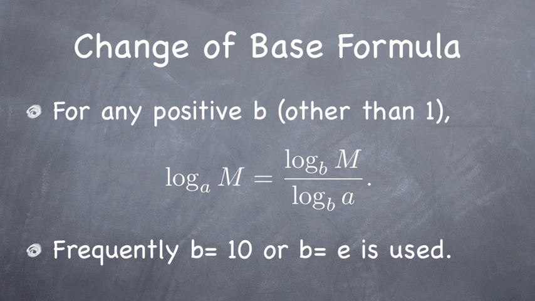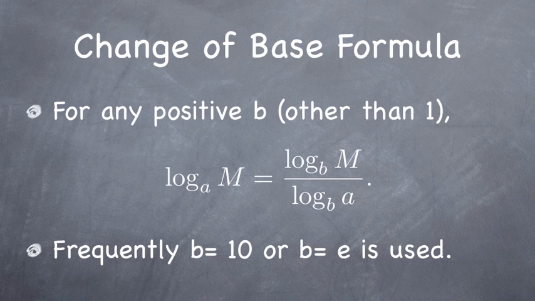We're only going to consider positive numbers, and we're not going to consider a base of 1, because that doesn't work. But for any other number, we can rewrite any given logarithm in terms of logarithms of that base. So pick your favorite b, then the original log that we started with, log base a of m, is the same as log base b of m divided by log base b of a.